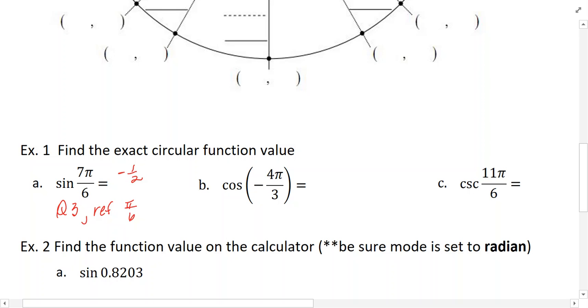It's in 2 because we rotate negatively, remember? So we go a little bit past halfway around the circle. So we are in quadrant 2. Our reference angle is pi/3. So I know that cosine is negative in quadrant 2. So the answer here would be 1/2 again, wouldn't it? 1/2.